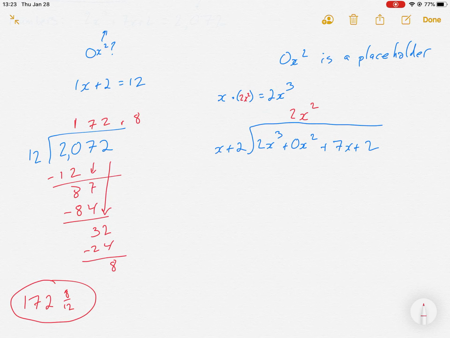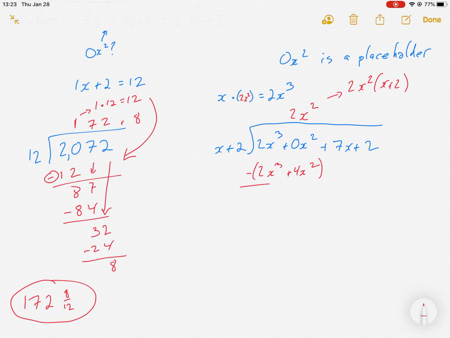Now what I'm going to do is distribute the 2x squared to my x plus 2. Just like over with the numbers, we took the 1 and we multiplied by 12 to get the 12 down here. We're going to do the exact same thing, 2x squared times x plus 2. And I'm going to go ahead and write that down here, 2x cubed plus 4x squared. And just like with numbers, how this turns into subtraction, we would now have to subtract this.